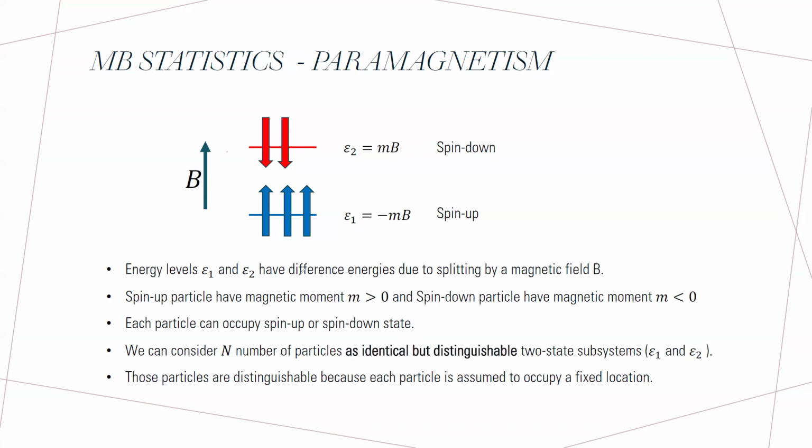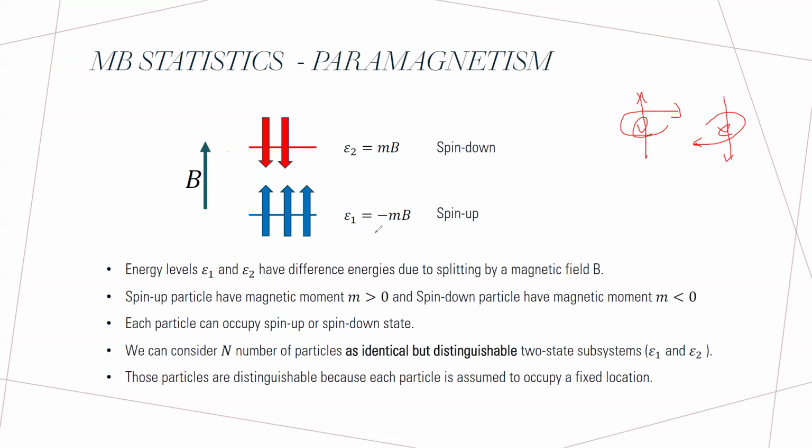Each electron is considered as a spin, because electrons can rotate around their own axis, right? It can rotate in this way or in the other way. Sorry, the directions should be changed, I think. Anyway, they can rotate around their own axes.